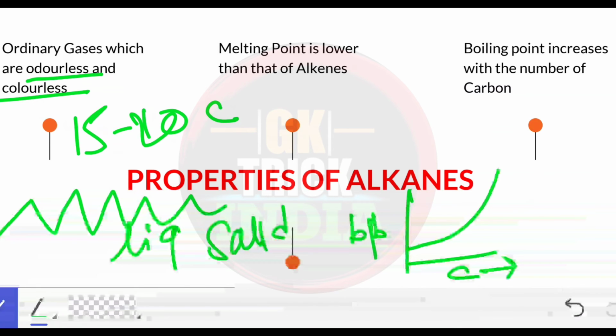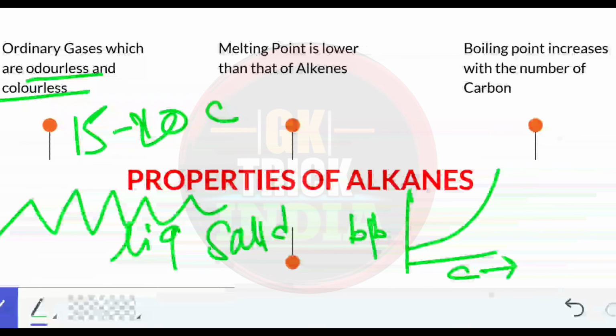So what is the reason behind this? It can easily be said that with the increase in the number of carbon atoms, the van der Waals molecular forces increase, and as a result the boiling point also increases. The atoms are more tightly held together.